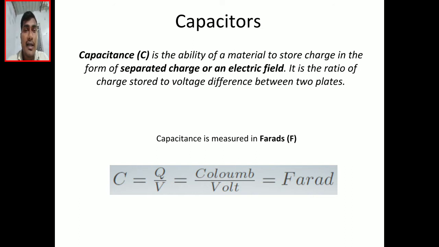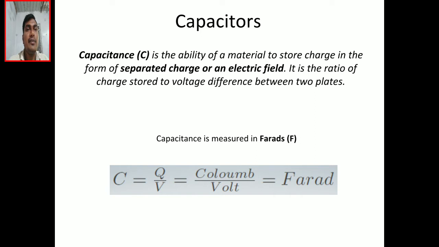So the charge stored depends upon the supply voltage. Q is directly proportional to V, so Q equal to CV, and C equal to Q by V. That is the electrical formula of capacitance. C equal to epsilon A by D is the physical formula of the capacitor, and C equal to Q by V is the electrical formula of the capacitor.